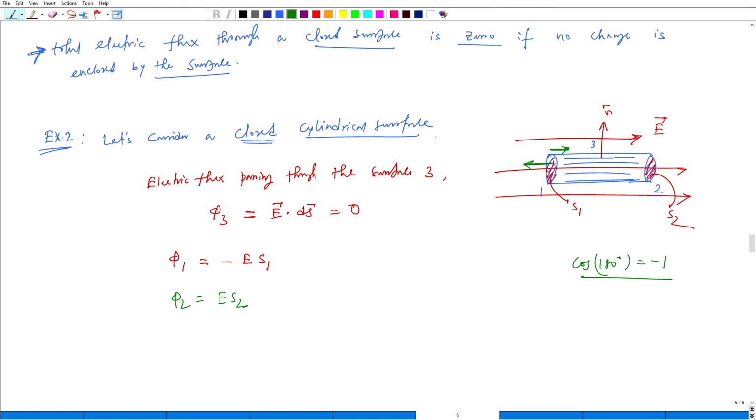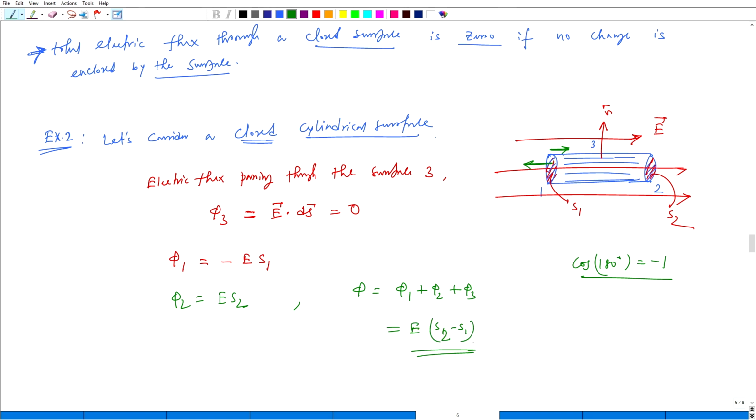Again, we consider the total flux phi 1 plus phi 2 plus phi 3 over all the surfaces, a closed surface, and that gives E times S2 minus S1.